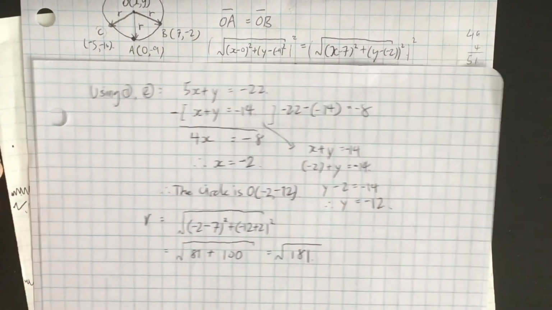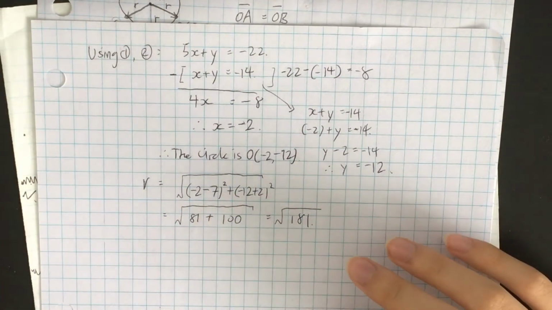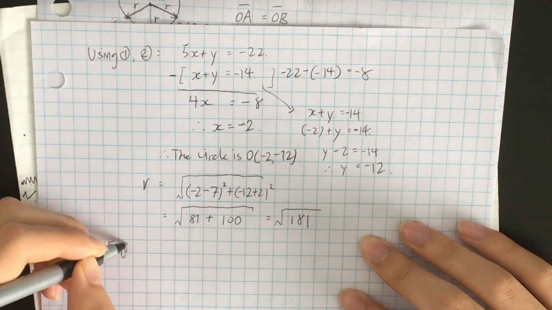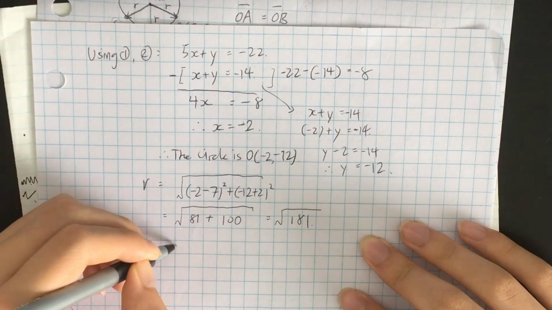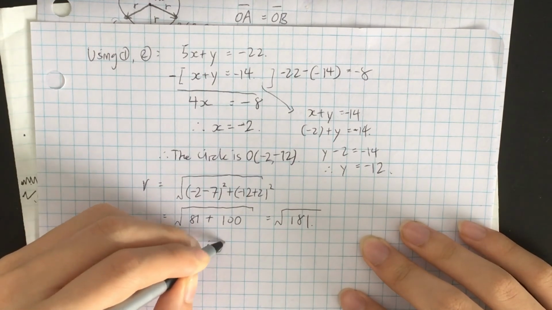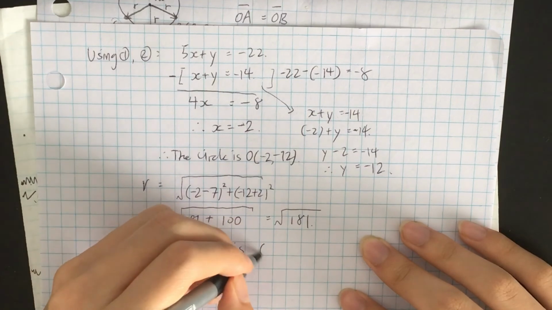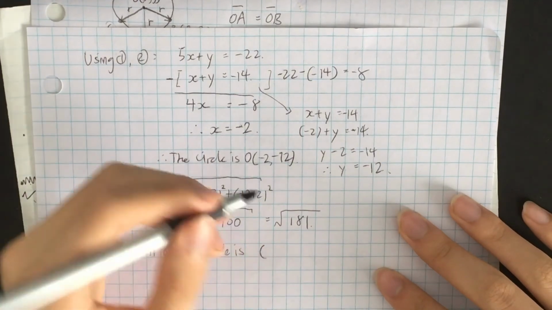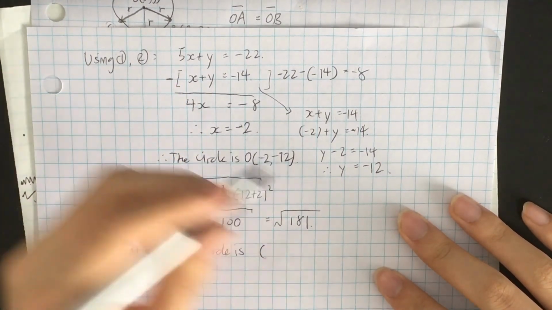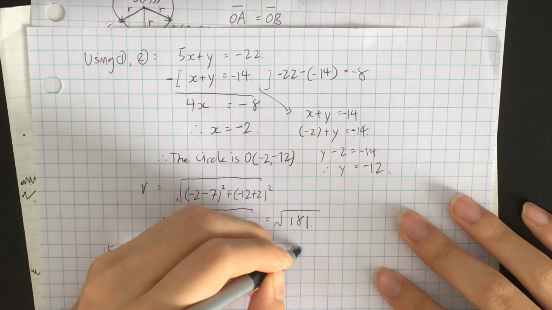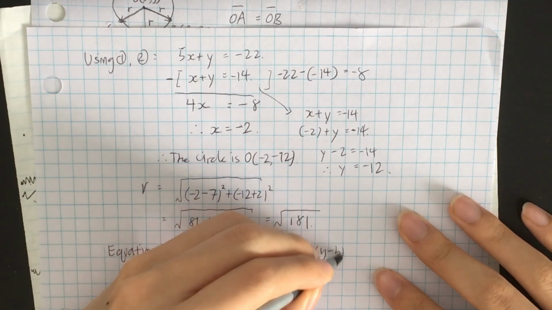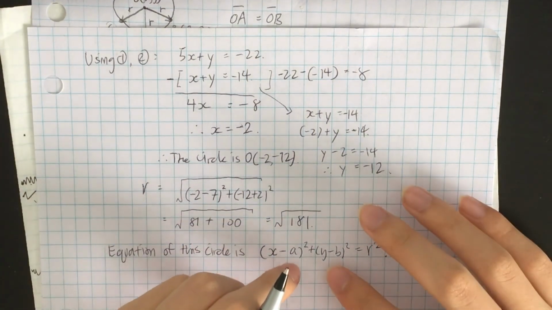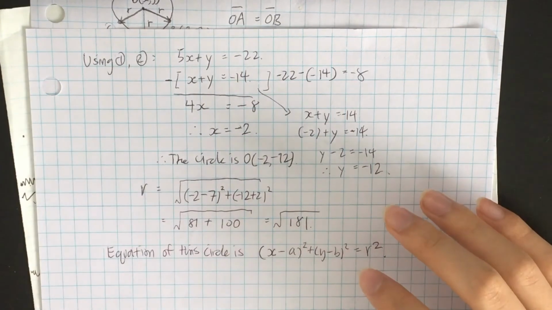Now, to complete this problem, we're going to write out the equation of this circle. We must remember the form we're looking for. We recall that the equation of a circle is this, where A comma B is the center.